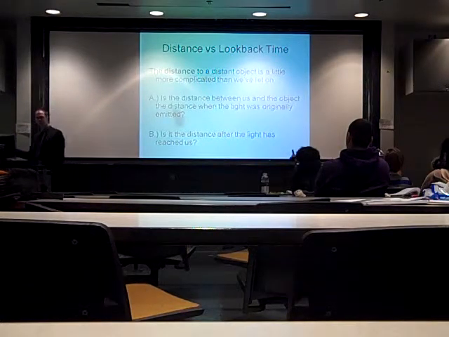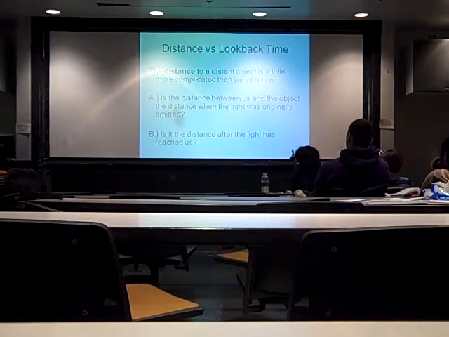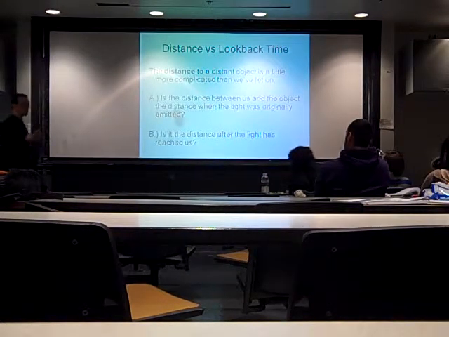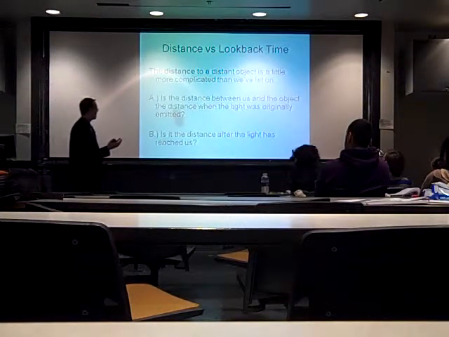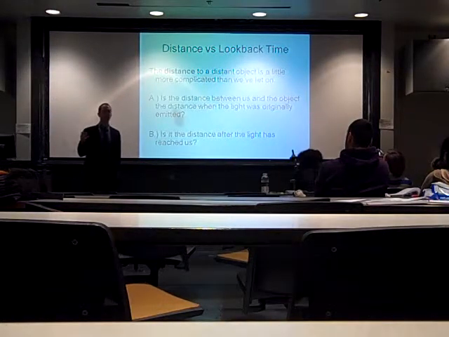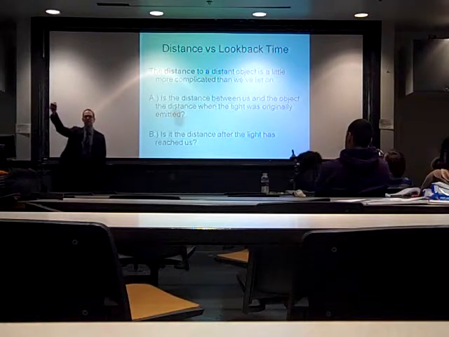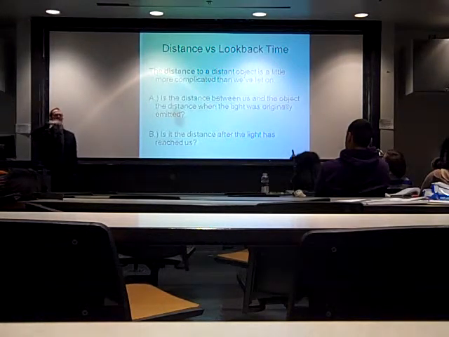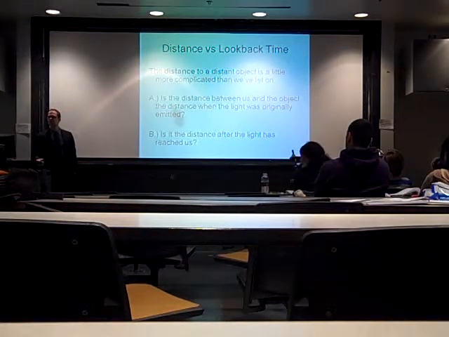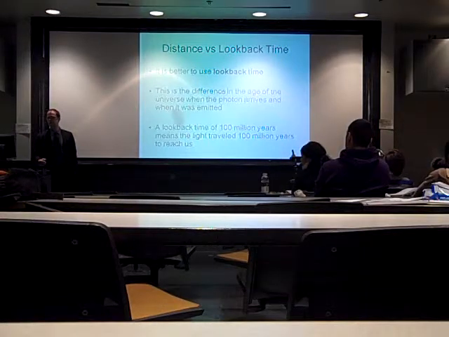Because we have this expansion of the universe. So if I have an object that is 10 to the 6 million light years away, really, really far away, and I want to figure out how far away it is, how do I do that? Do I really measure it from when the photon was emitted and then I see how long that takes? It's a little confusing, right? Because you have this expansion to worry about.